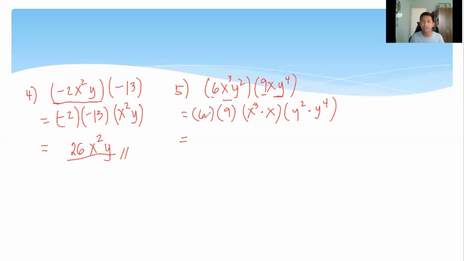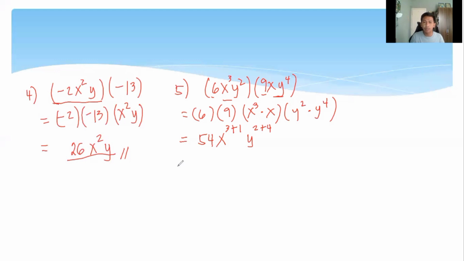We first multiply 6 by 9. This will give us a product of 54. 9 times 6 is equal to 54. And then x cubed times x, copy the common base, and what will you do with the exponent? You are going to add 3 plus 1. And then we also have y squared times y raised to 4, so 2 plus 4.